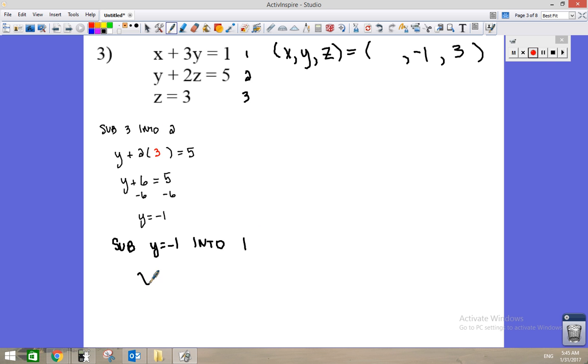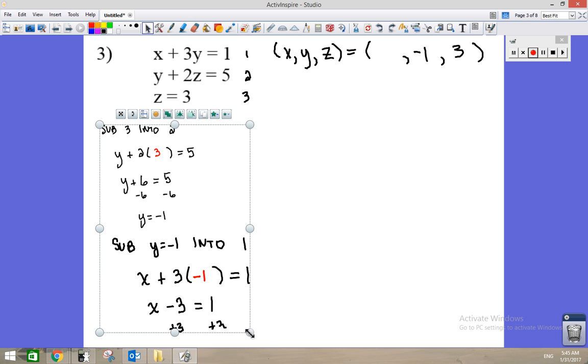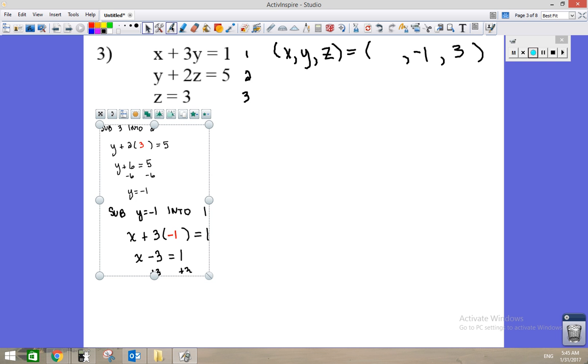So we have x plus 3y, but we're no longer writing the letter y because we know that this variable y is equivalent to the number negative 1. So we've got that x minus 3 is equal to 1. If we add 3 to each side, we're done. We have that x is equal to 4.